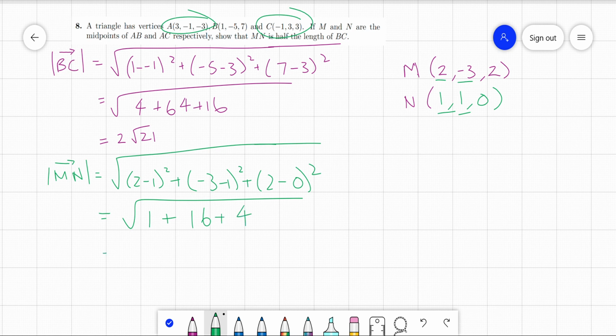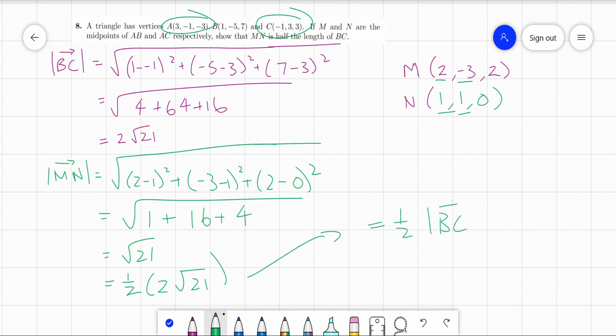So we've got a 21 there, which is clearly half of, because the other one's 2 root 21, half of 2 root 21. If I write it like that, then I'll make it really obvious. Sorry, I'm just going to go over here for my working, which is clearly half of the length of BC. So we have shown that MN is half the length of BC.